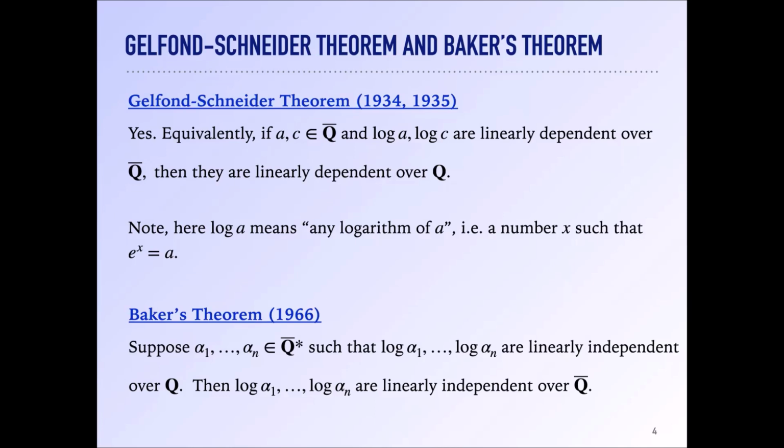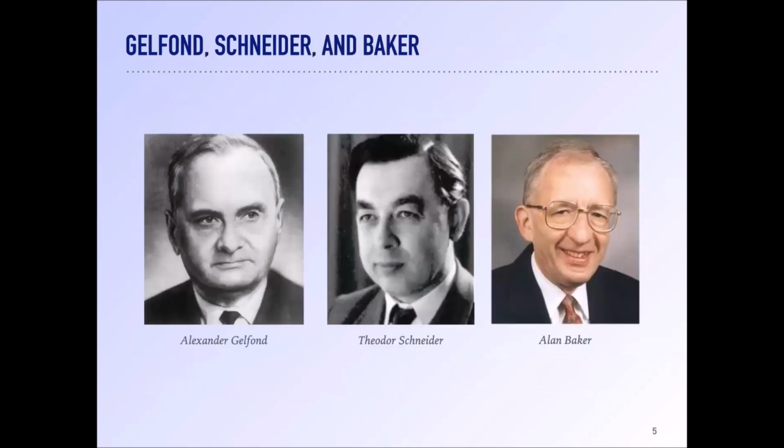The focus of today's lecture is going to be on proving Baker's theorem. Here are Gelfond and Schneider, who proved a positive answer to Hilbert's question in the 30s, and here's a picture of Alan Baker, who won the Fields Medal for this work.